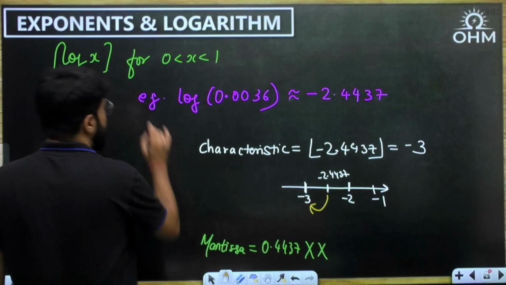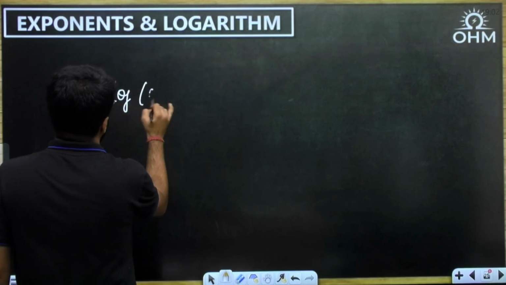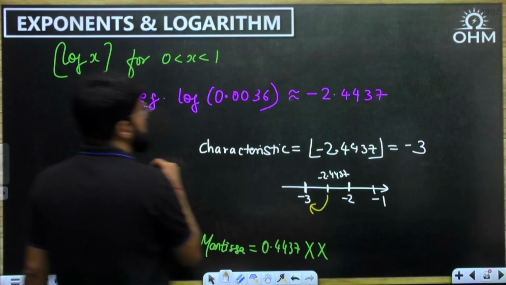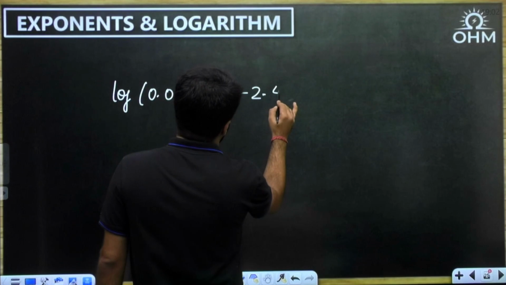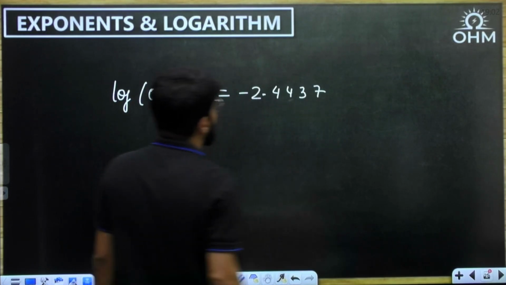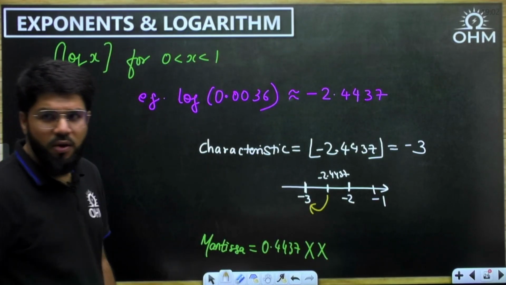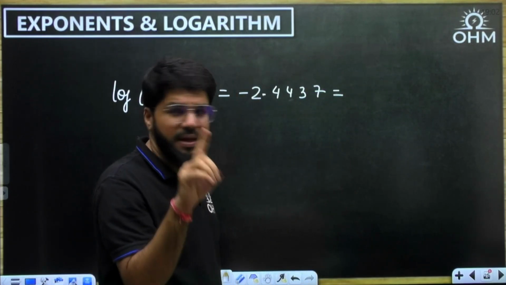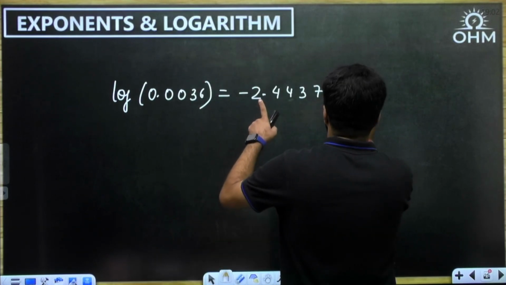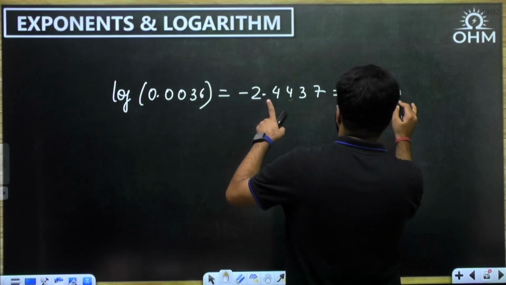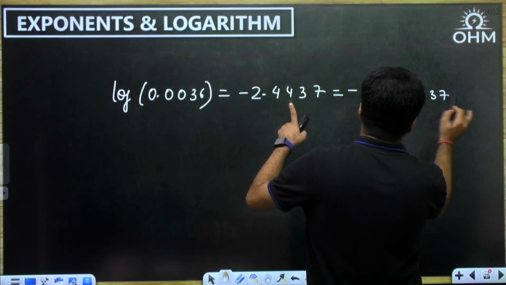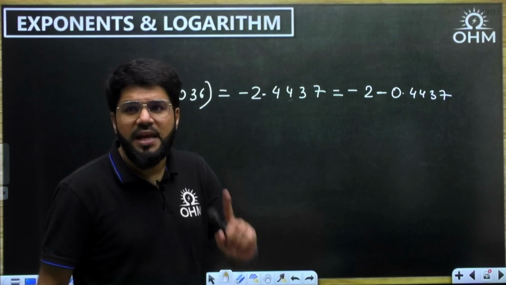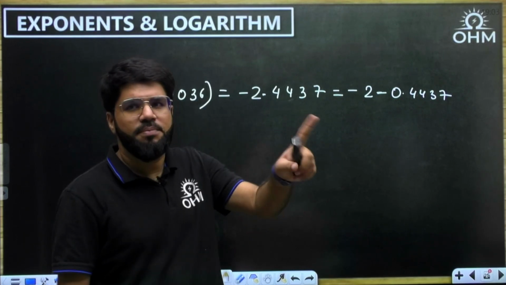I have taken log of 0.0036, which is minus 2.4437, out of which the characteristic is minus 3. First of all, let me write this as minus 2 minus 0.4437. That is why I say this should not be the mantissa. The mantissa is always positive. At the same time, the log of the number should be characteristic plus mantissa.